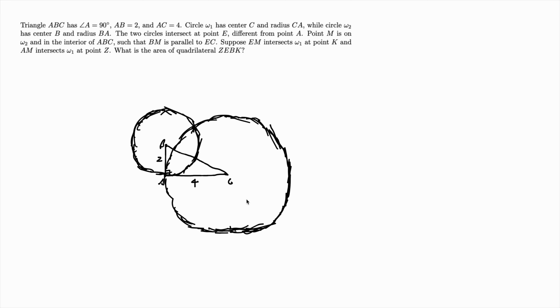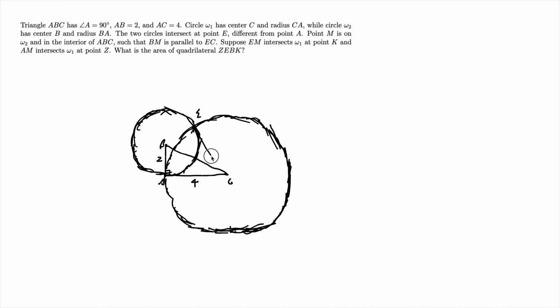So the two circles intersect at point E, different from point A, so this point is E. Point M is on omega sub 2, in the interior of ABC, so it should be here somewhere, such that BM is parallel to EC.